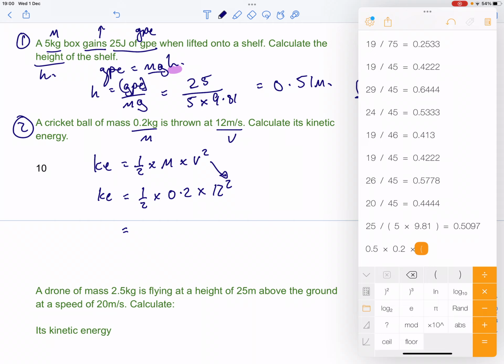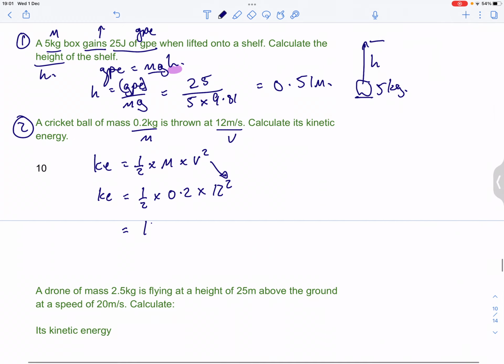There we are. Gives us 14.4. I probably could have done that in my head, knowing that 12 squared is 144. So 14.4 joules of kinetic energy. The only thing to remember, as I just said, is make sure you remember to use the square. Okay, so that's one for kinetic energy.